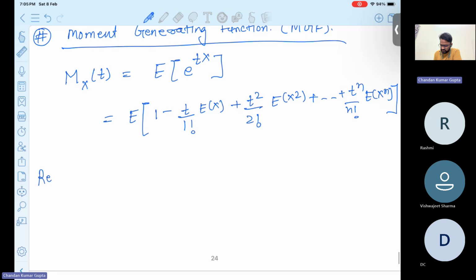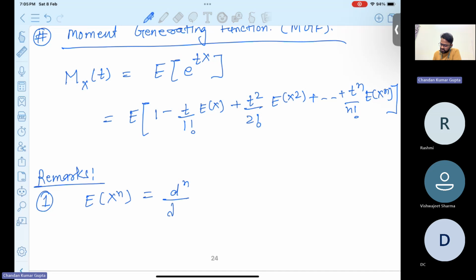The remarks are like this. The expectation of X to the power n can be calculated by differentiating the moment generating function with respect to t n times, and at last putting the value of t equal to 0. Then we are able to calculate the moments at that point.